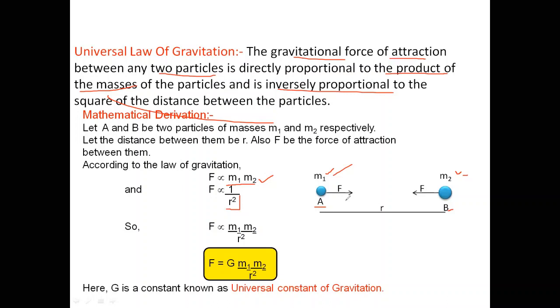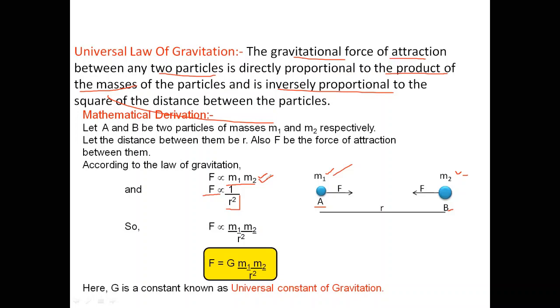And what does the universal law of gravitation say? It says that the force of attraction between two particles is directly proportional to the product of their masses, and also inversely proportional to the square of the distance between them.